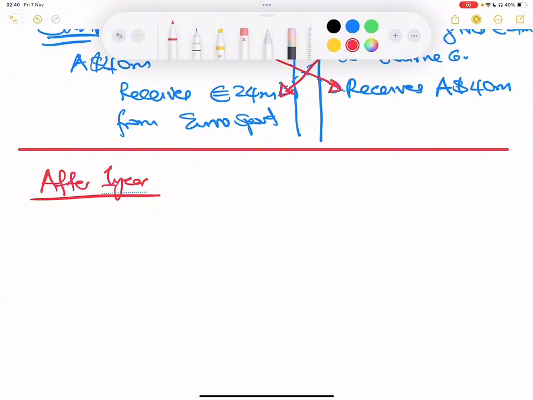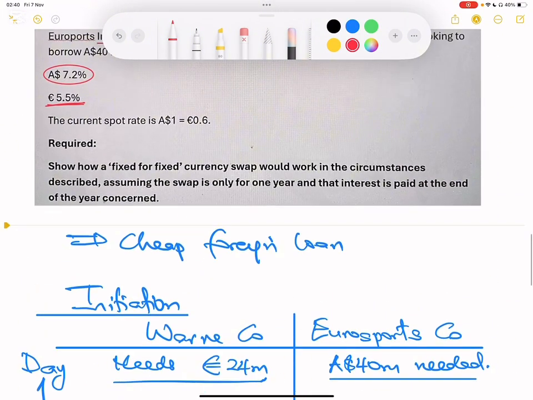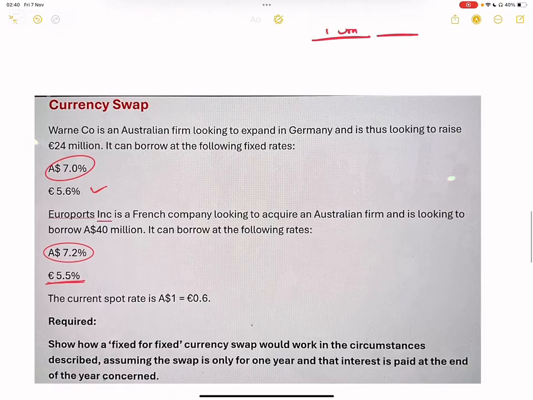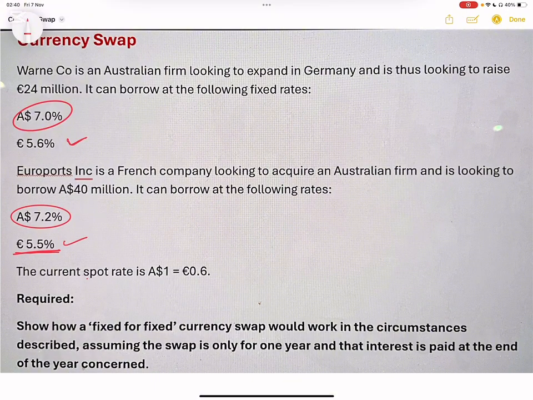Remember, what is important for us is to get the understanding. So after 1 year, one will have to pay interest for sure, but you'll be paying that interest at 7%. Likewise, Eurosport will pay interest on the Euro loan, but at 5.5%.